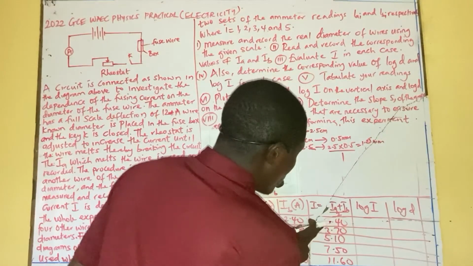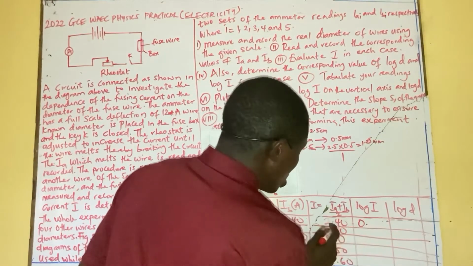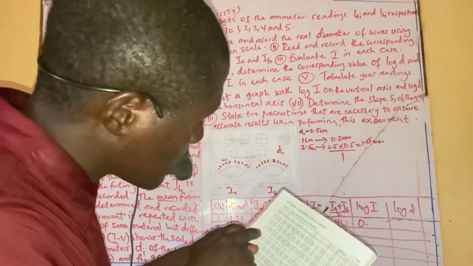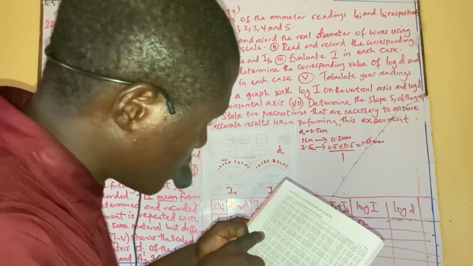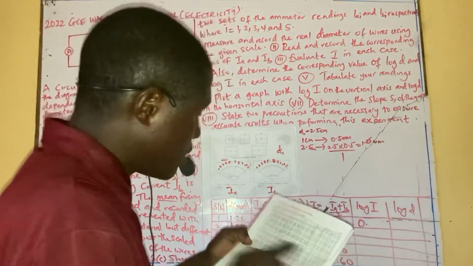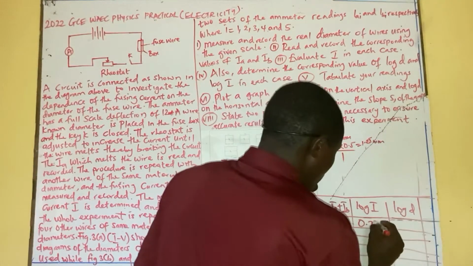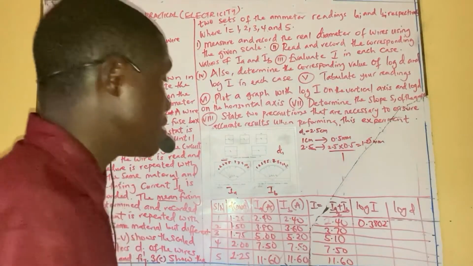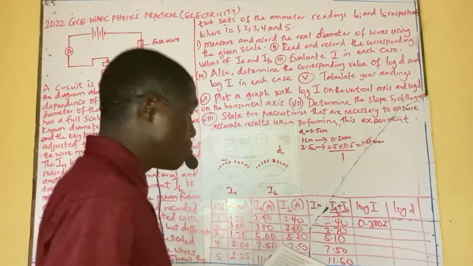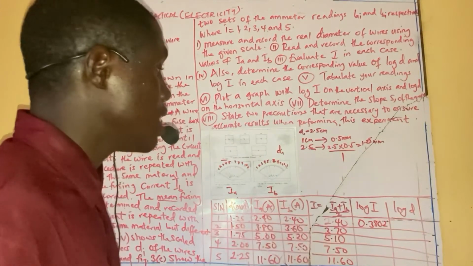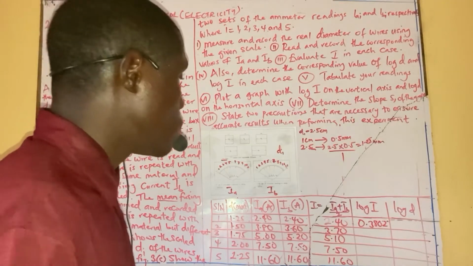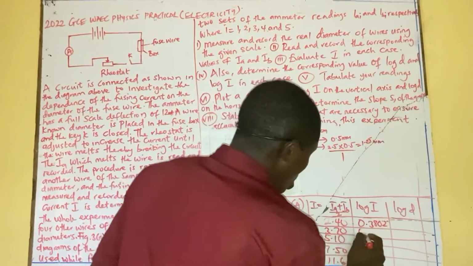This is 1 and this one is going to be 0. So check 24 under 0. 24 under 0 is 3802. Please press your own calculator, you get the same thing. So log 2.40 is 0.3802.